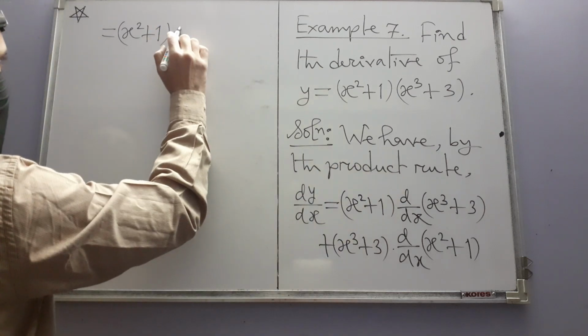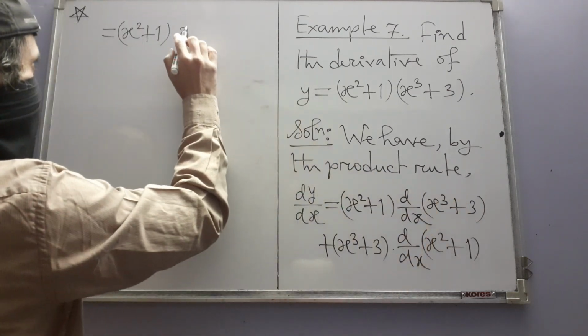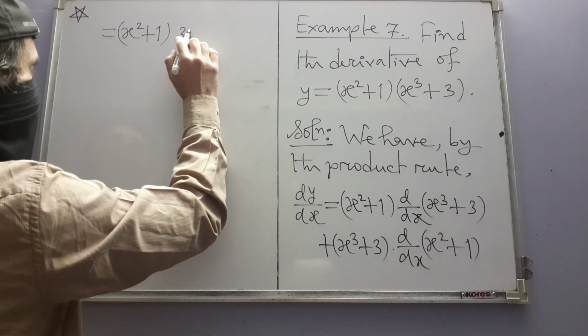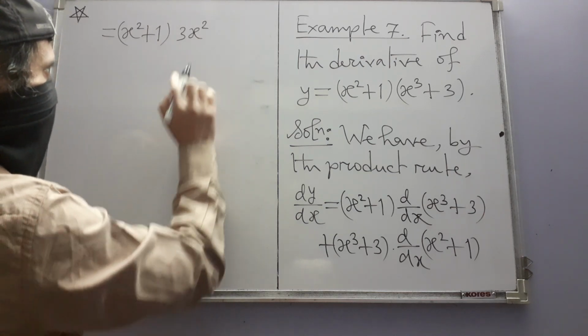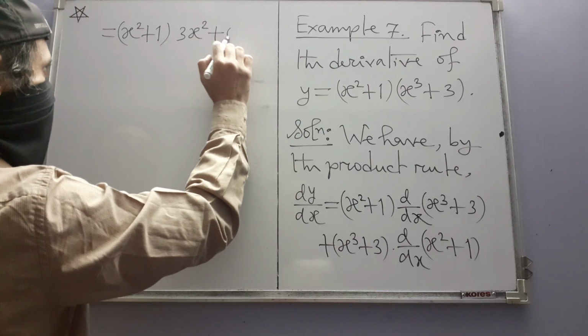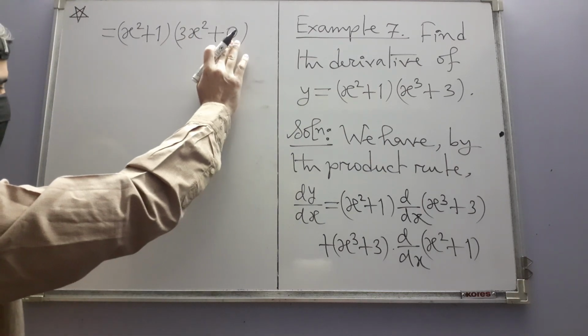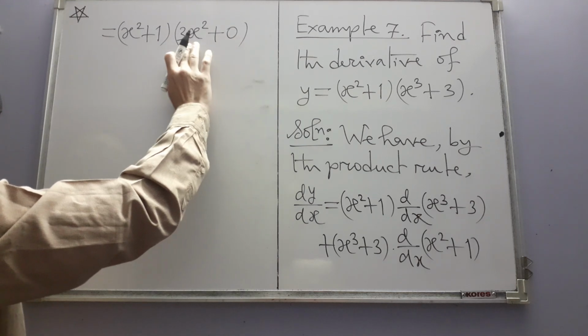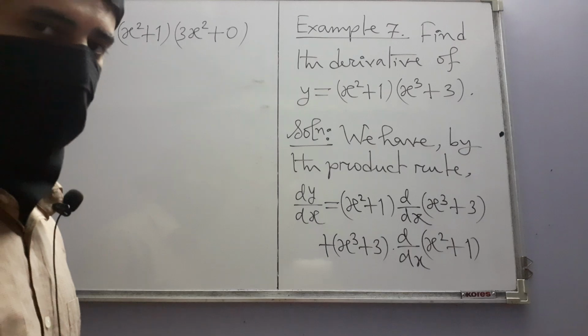The derivative of x cube is, you know what to do. The exponent comes down and then it gets reduced by 1, plus 0. Some people won't write 0 here, but it's better to write it at this stage. It shows that you know what you are doing.